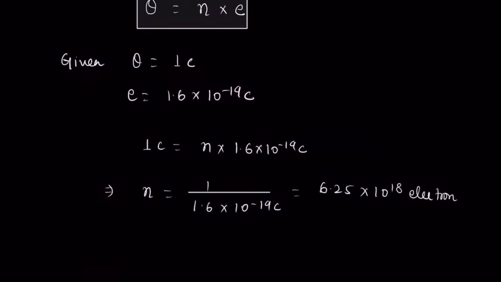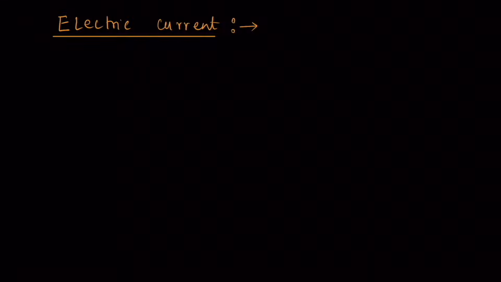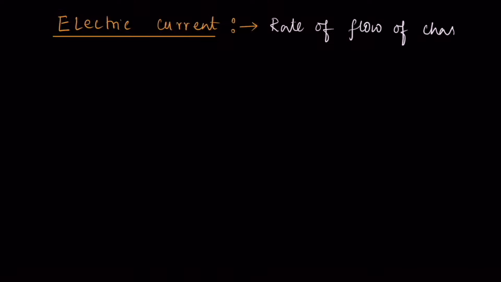So let's move to our topic, electric current. Electric current is defined as the rate of flow of charge. Means how much charge flows in the given time is defined as electric current. Electric current is symbolically represented as I. So I is equal to charge upon time.